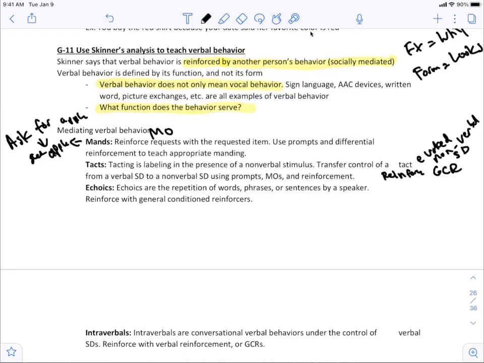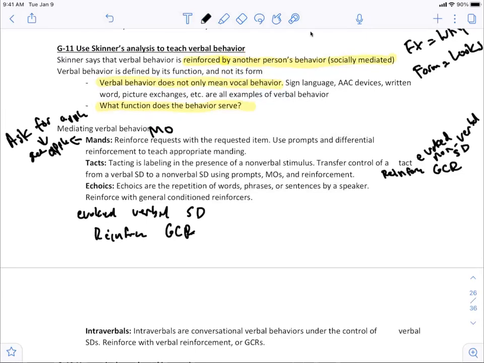Echoic. Echoics are evoked by a verbal SD, reinforced by a GCR. Echoics are repetitions of words, phrases, or sentences. I say, go get the Monopoly game.